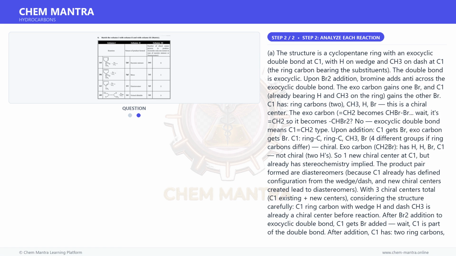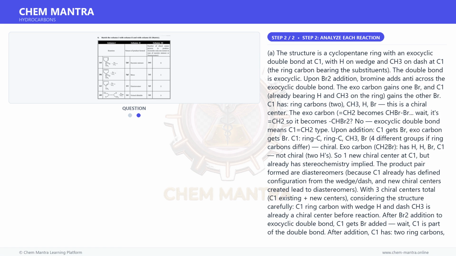The product pair formed are diastereomers, because C1 already has defined configuration from the wedge and dash, and new chiral centers created lead to diastereomers. With 3 chiral centers total, C1 existing plus new centers, considering the structure carefully, the C1 ring carbon with wedge H and dash CH3 is already a chiral center before reaction.